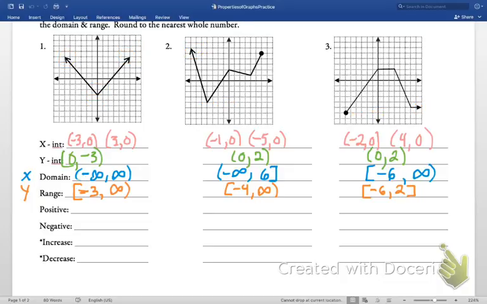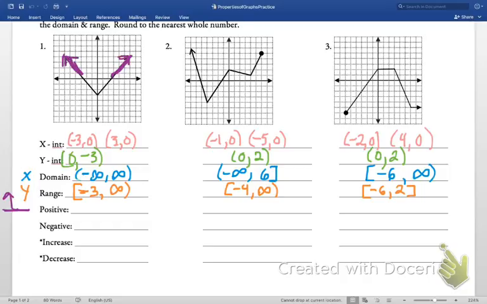Alright, now it's time to do our positives. Remember, positive, that's everything above 0. So when I look at my curve, I'm going to highlight the stuff that's above 0, or above the x-axis. That's the only parts we're going to look at.